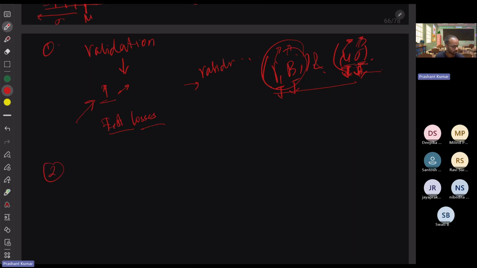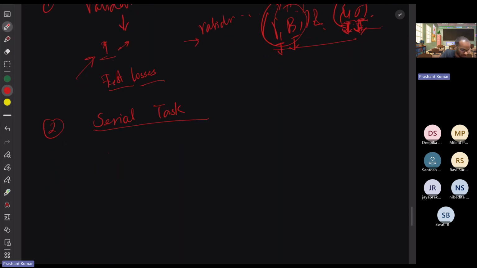Second problem: when we are doing batch normalization, basically this batch normalization is a kind of serial task. What does it mean by serial task? Let's say you have n number of inputs in the batch.